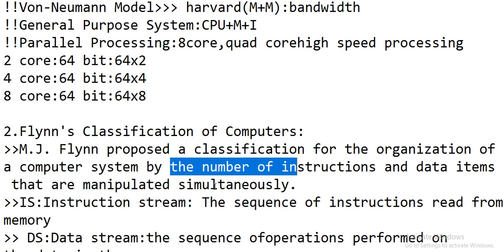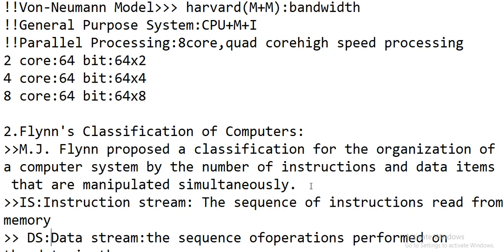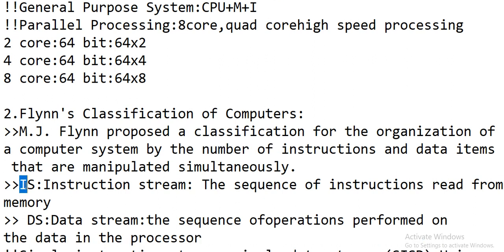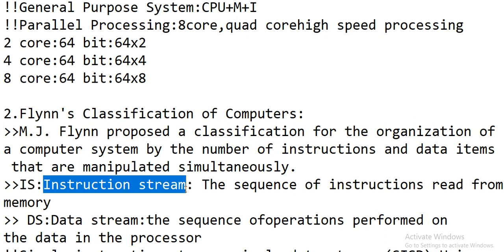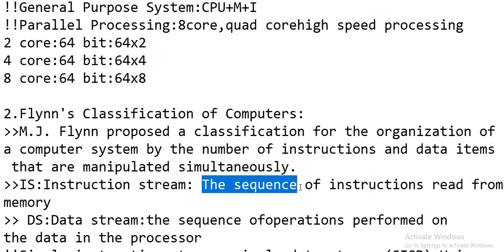Before going to the classification, we will clarify some terms. What is the meaning of IS? IS is an instruction stream. What is an instruction stream? When the sequence of instructions is read from the memory, that is called the instruction stream.